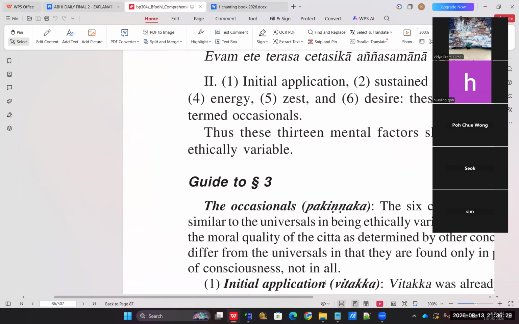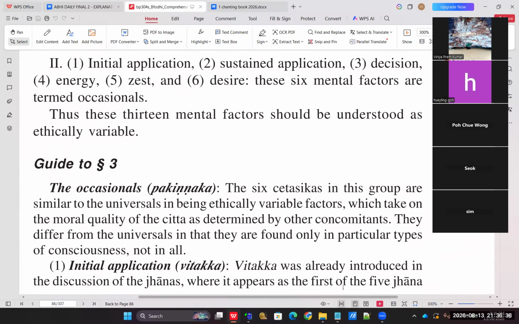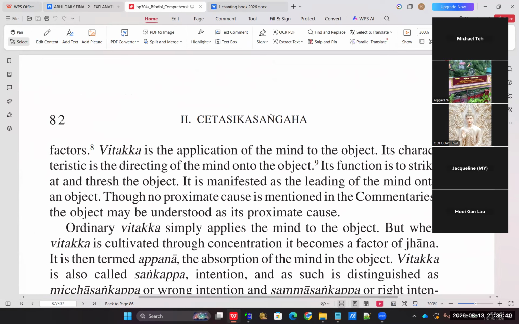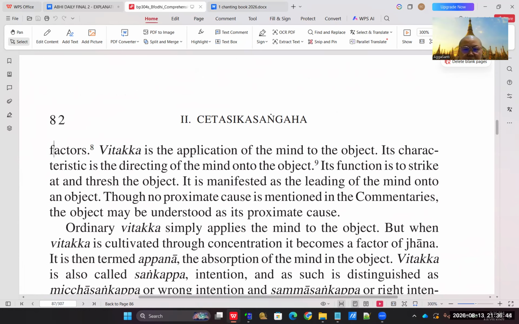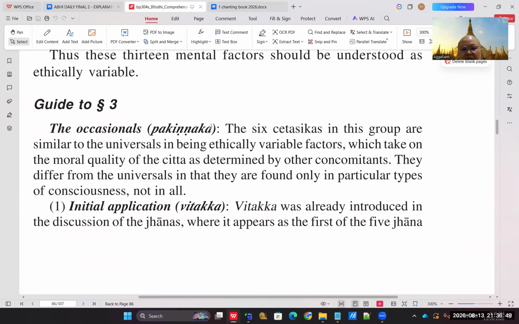Okay, so today we are on the topic of Pakinnaka. Now, the Abhidhammattha Sangaha is translated, but this book is not easy to read because the English is not so easy. So we have the Pakinnaka, which we call occasionals. We have six of them.